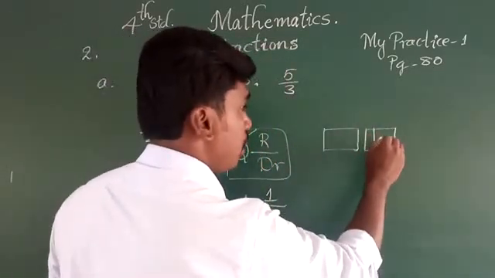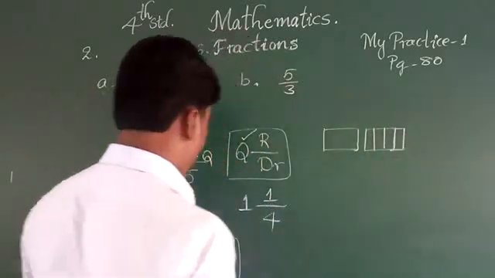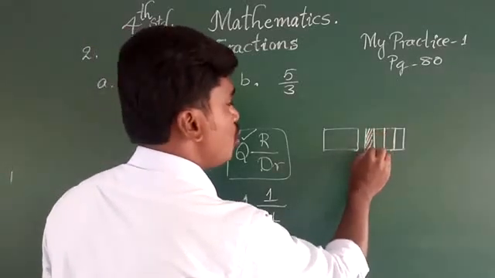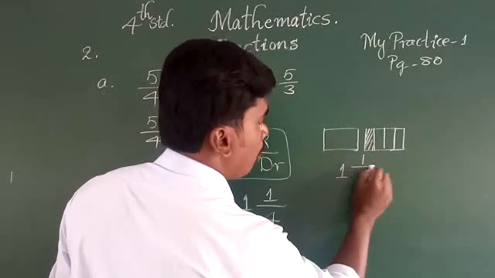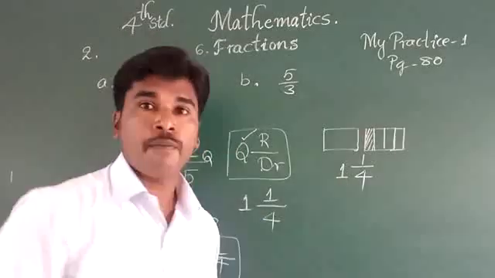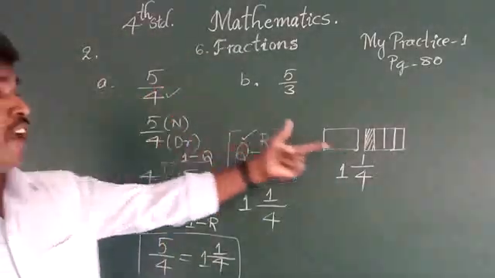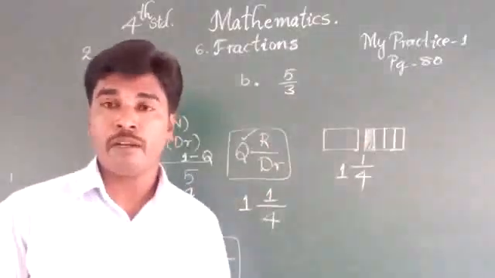Here it has been divided into 4 parts. How many parts are shaded? Out of 4, 1 part is shaded. So it can be written as 1 and 1/4. Like this you can convert an improper fraction into a mixed fraction and show it in a diagram.